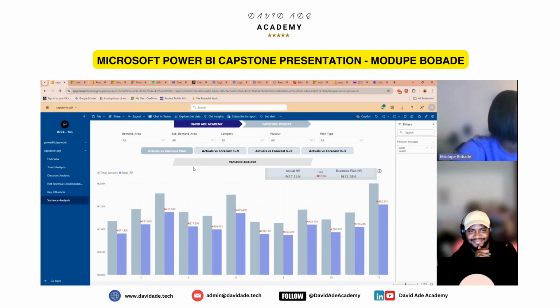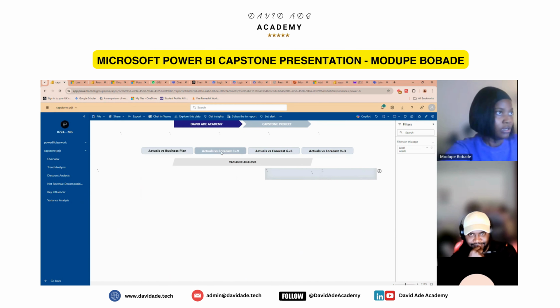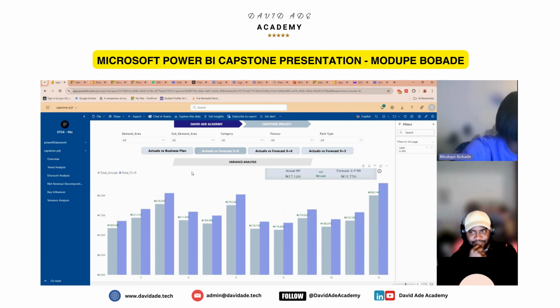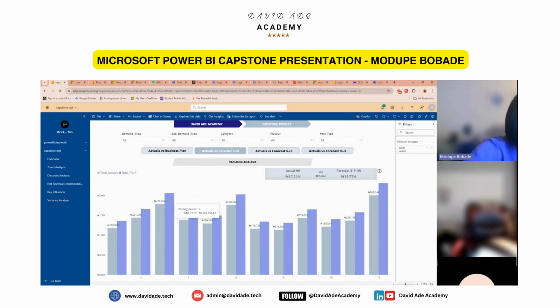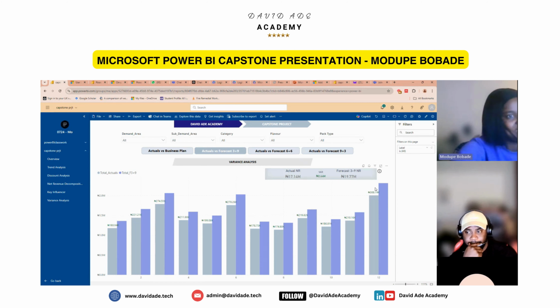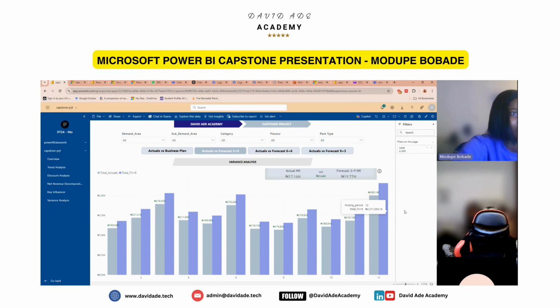And this is for the total versus the business plan. For the total versus the forecast 3 plus 9, we could see the data side by side, and here we could see that the highest projected value for the month is always the 12th month, and it has a variance of 308.14 kobo.